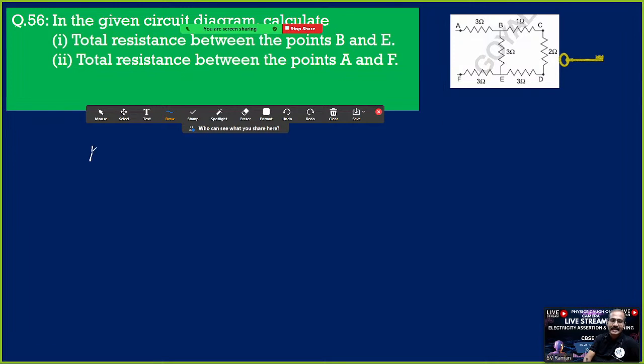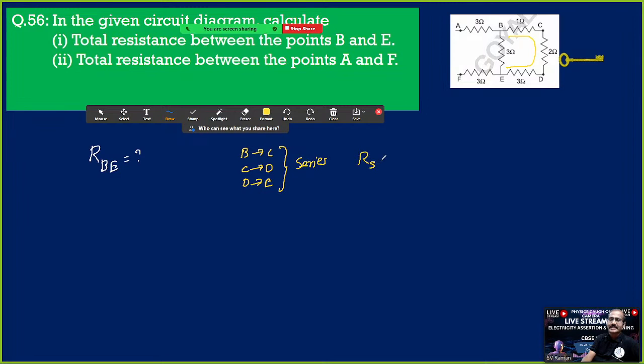Let's say 1 ohm, 2 ohm, 3 ohm, all three resistors are in end-to-end connection, which means all three resistors are in series. So B to C, C to D, D to E are all in series.